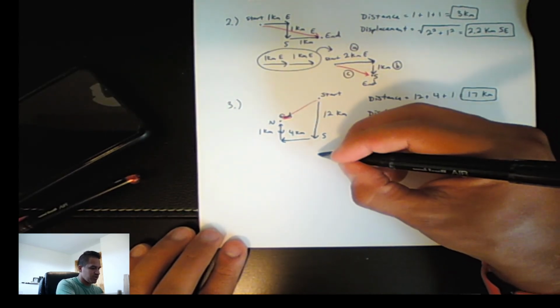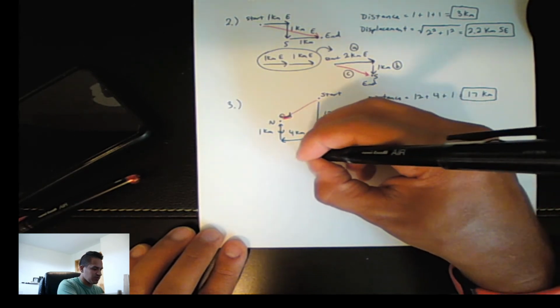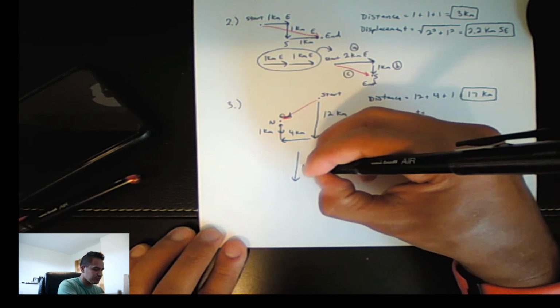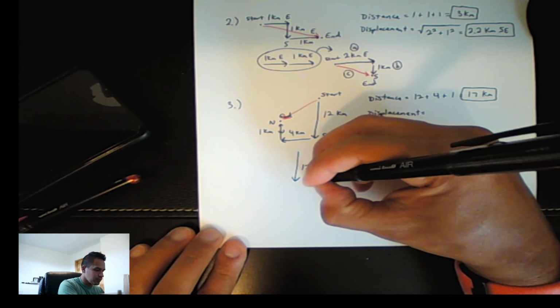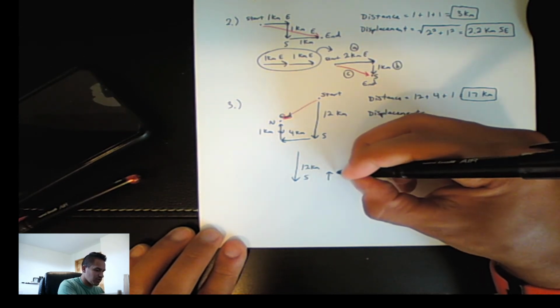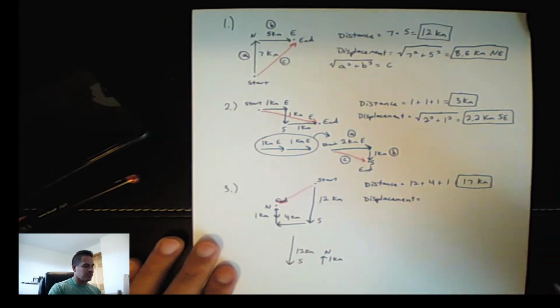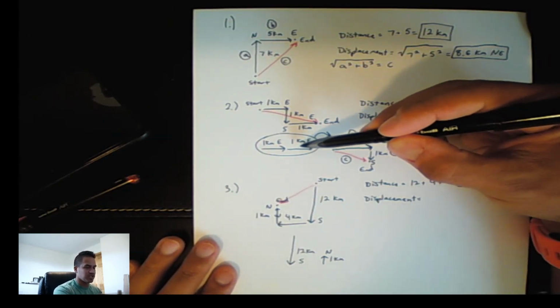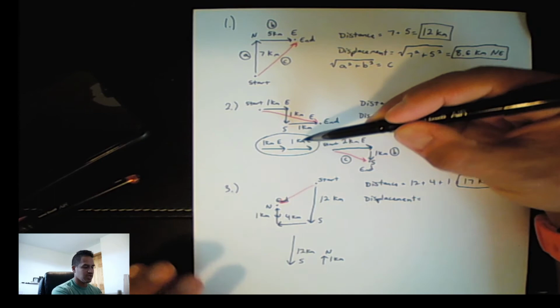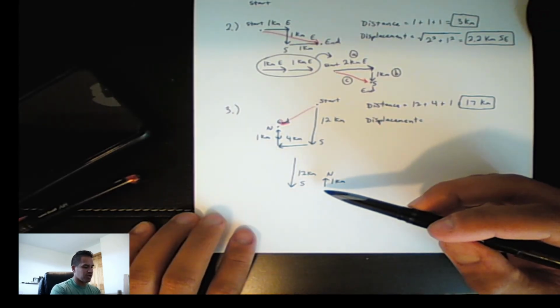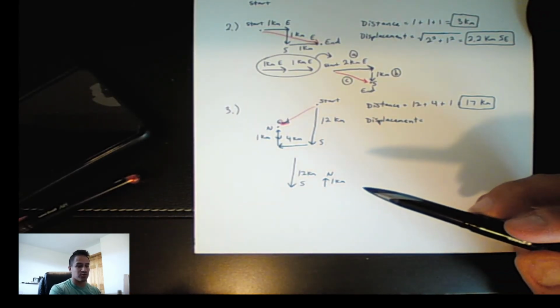So if we redraw this, we have 12 kilometers going south, and we have 1 kilometer going north. These are opposite directions. In the previous one, we had 2 that were in similar directions, so we added them together, we combined them. Now we have 2 in opposite directions, so rather than combining, we're going to subtract them.